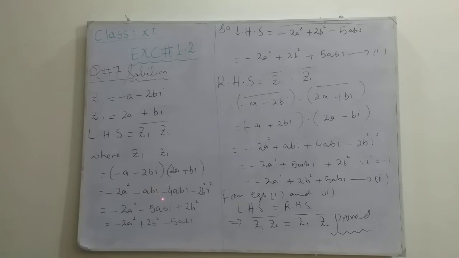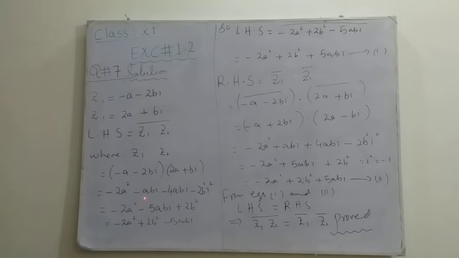And the central two imaginary parts become minus ab iota minus 4ab iota, which is minus 5ab iota. Writing real part with real, we have minus 2a square plus 2b square. Then at the end writing imaginary part, minus 5ab iota.